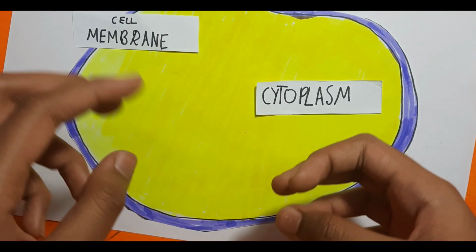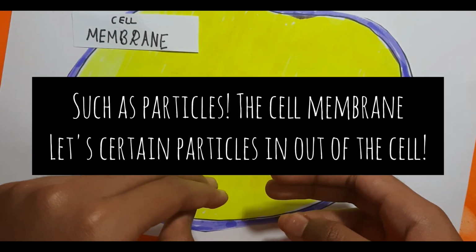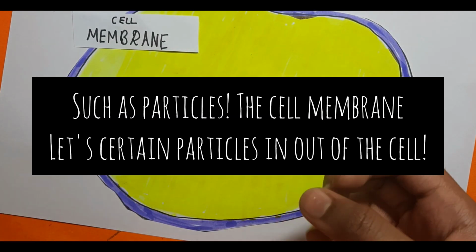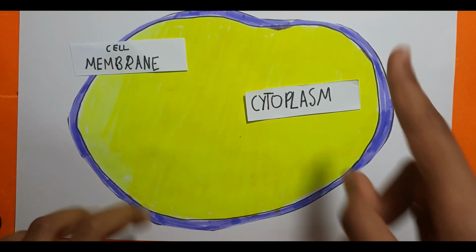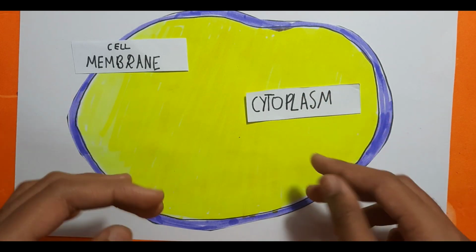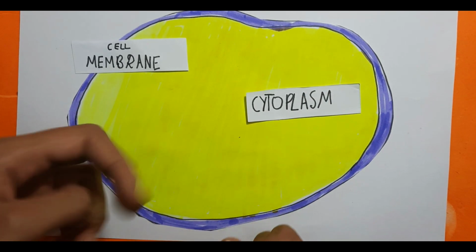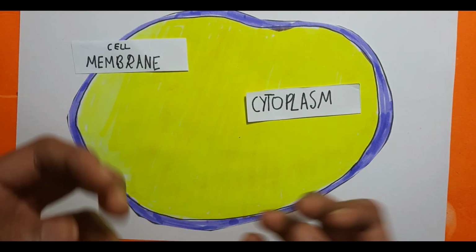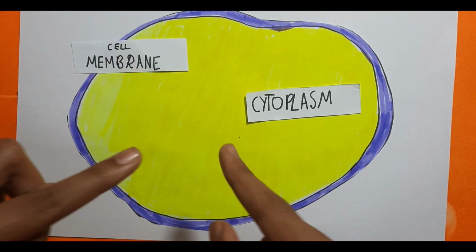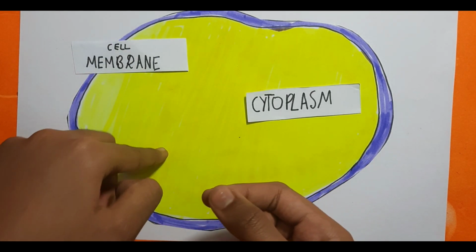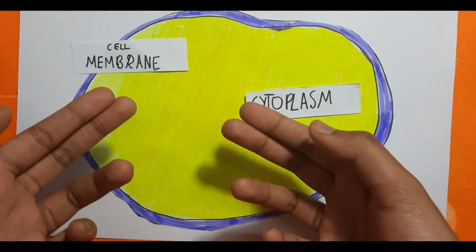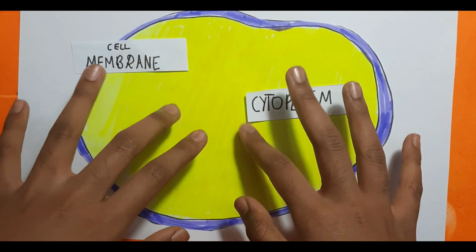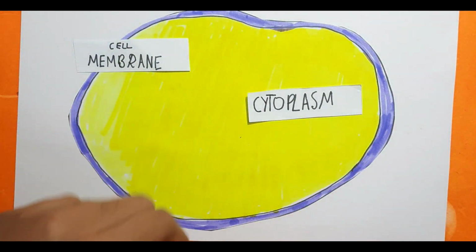It's kind of like a gate. It lets certain things in and certain things out. So yeah, that's what the cell membrane is. Now, what is cytoplasm? Cytoplasm is a jelly-like substance that contains the parts, otherwise known as organelles, within a cell. Parts such as the Golgi apparatus, vacuoles, and mighty mitochondria, which we'll be learning about in this video later.